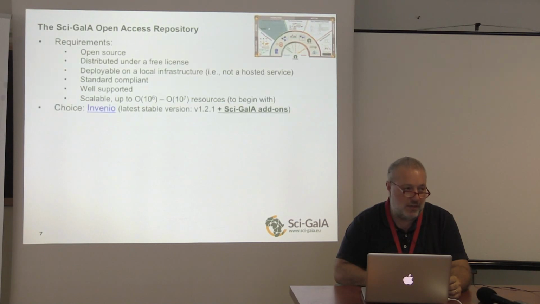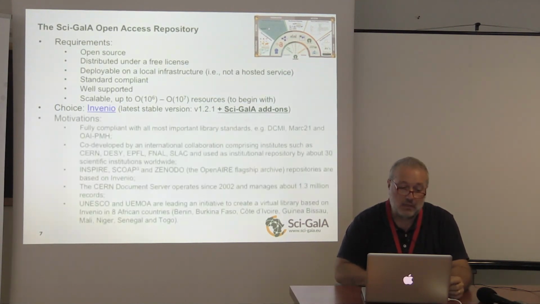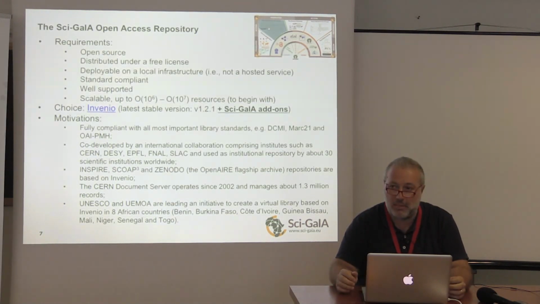The choice was Invenio, the latest stable version, plus a series of add-ons that we added to Invenio. The motivations were manifold: fully compliant with all the most important library standards, Dublin Core, MARC 21, OAI-PMH; developed at CERN, co-developed with many other laboratories in the world; and there are very important repositories like INSPIRE for high energy physics, SCOAP3 for published high energy physics papers, and Zenodo, the flagship archive of OpenAIRE, that are based on Invenio.